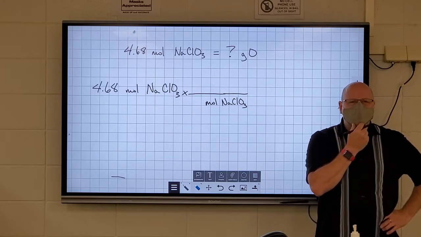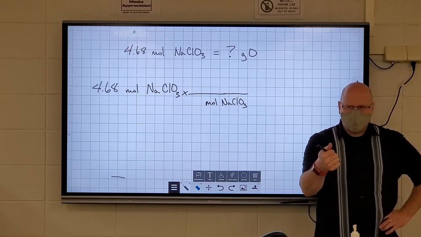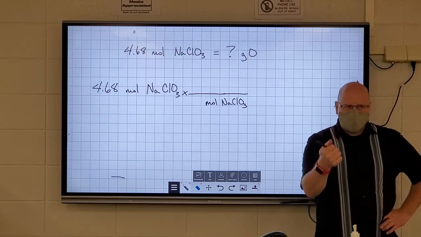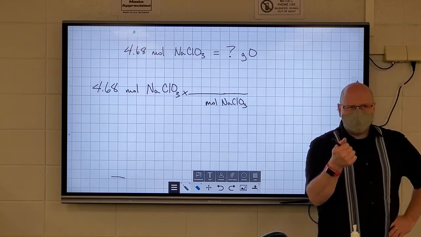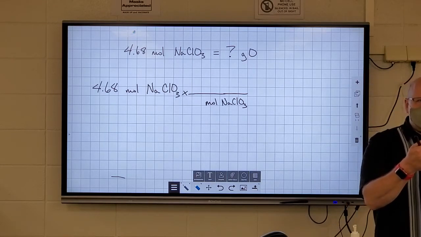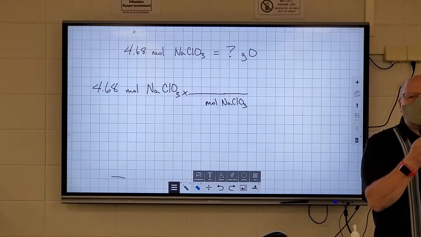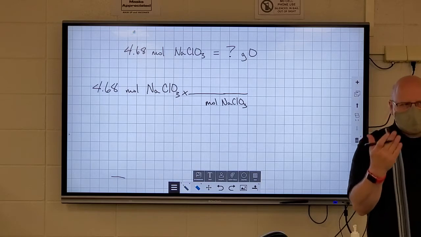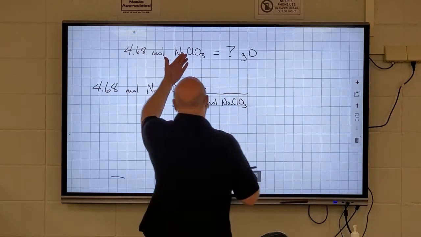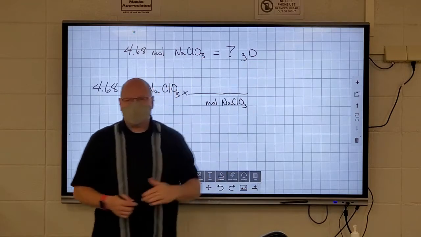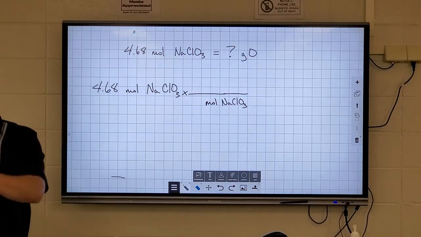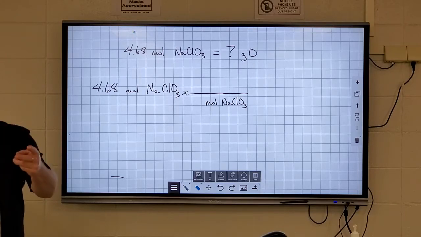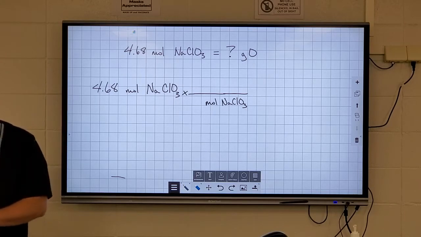What are we trying to get to? Grams of oxygen. When you are converting between two different substances, sodium chlorate and oxygen, you must have a mole to mole conversion.